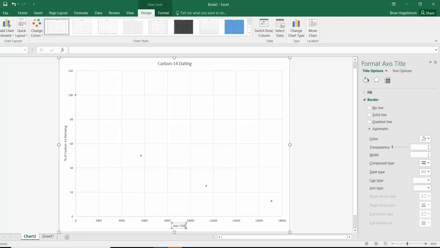And then down here is the age of the relic. And now we got ourselves a nice scatter plot.